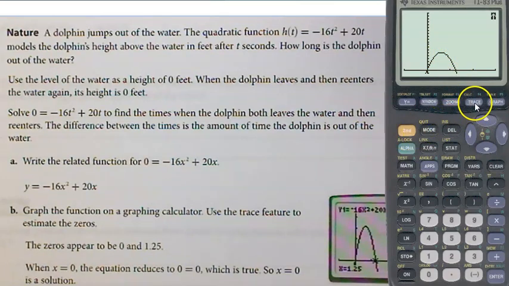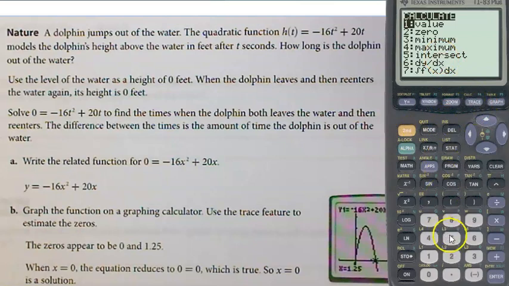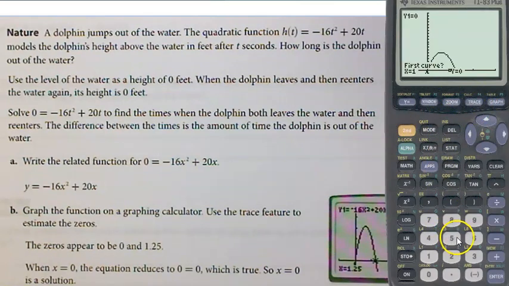So I'm going to ask it to calculate the intersection, and that is at 1.25 seconds. So he goes out of the water at 0 seconds, arches up, and comes back into the water at 1.25 seconds, because his height's 0 again.